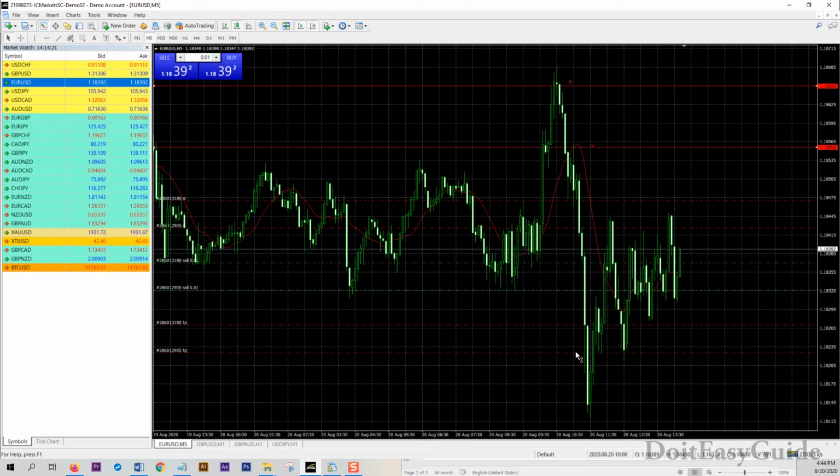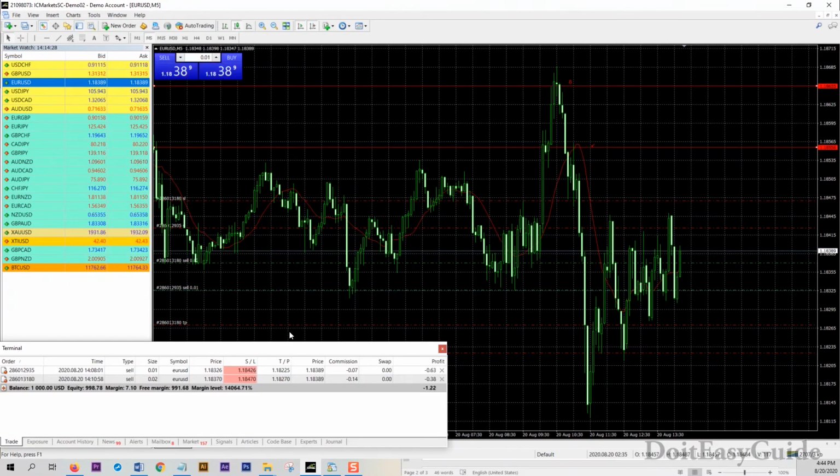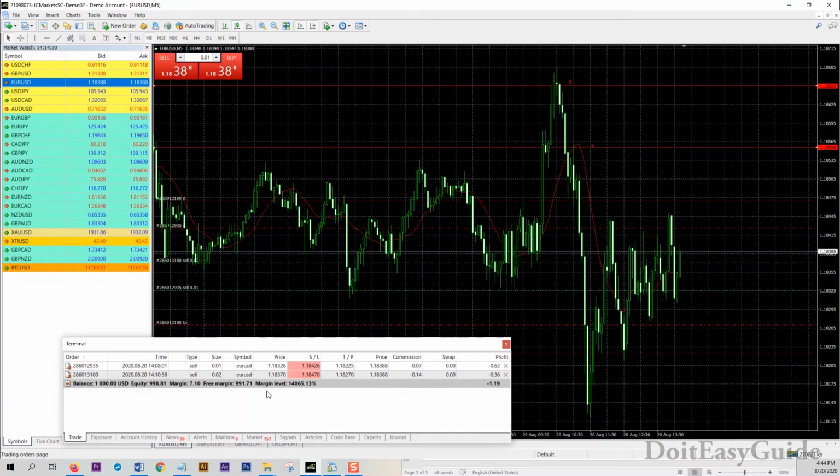Now this is going up, that means when it hits here, this trade will close automatically. And so this is the first trade. As you can see, if it hits this line, it will close and we will get a $1 loss.